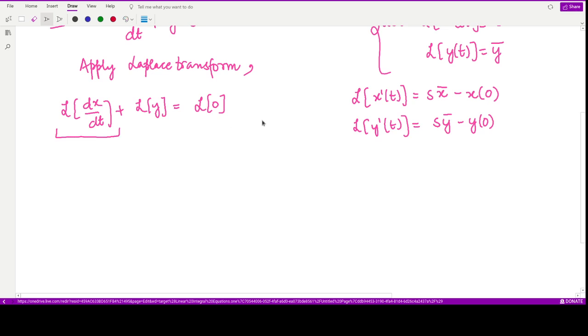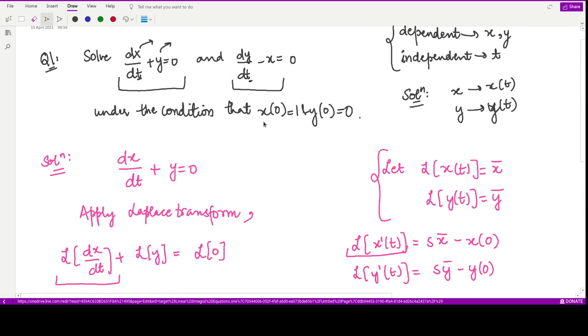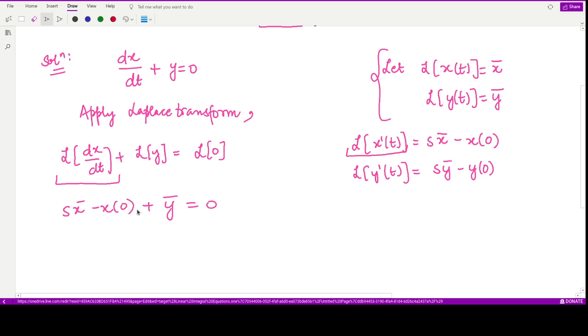We have s x bar minus x of 0 plus the Laplace transform of y, that is y bar, is equal to 0. And what is the value of x of 0 in the question? It is given to be 1. So we substitute: s x bar minus 1 plus y bar is equal to 0. So this is your equation number 1.